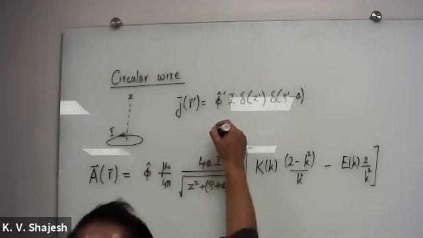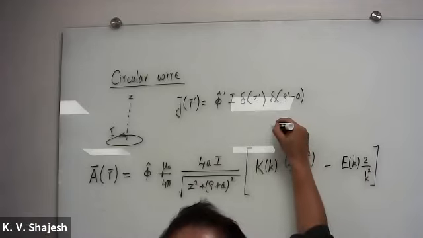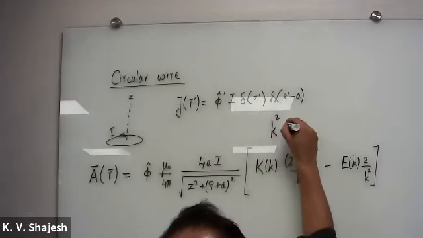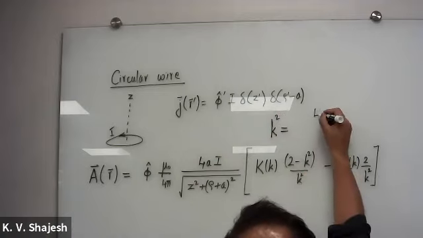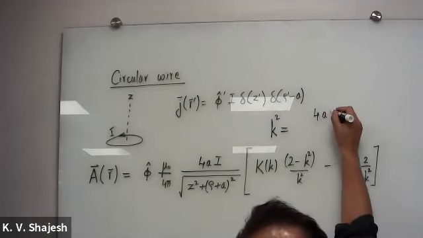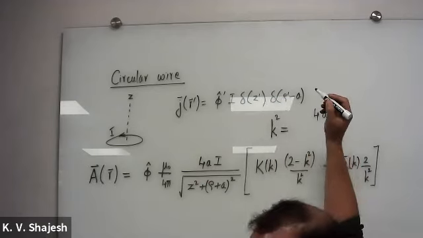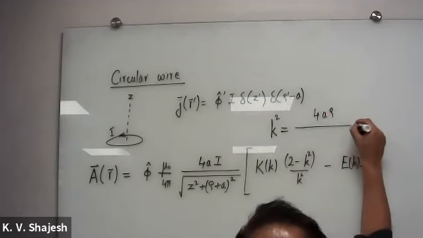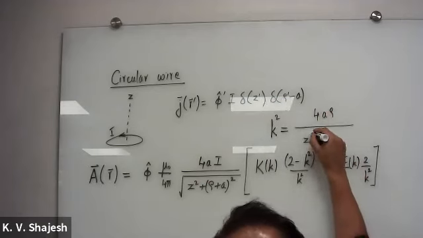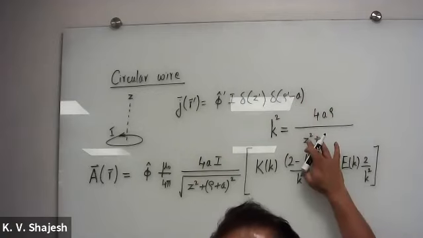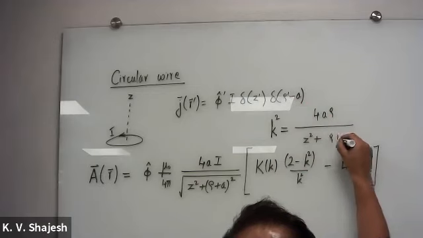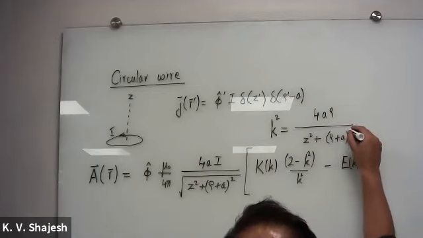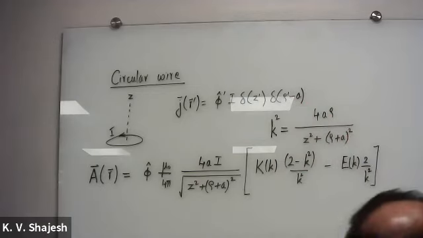So k squared here, let's squeeze this in here, has a definition: 4a rho over z squared plus rho plus a squared, which is the same as this.